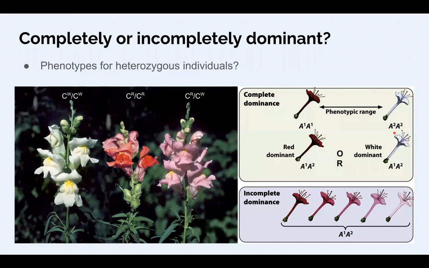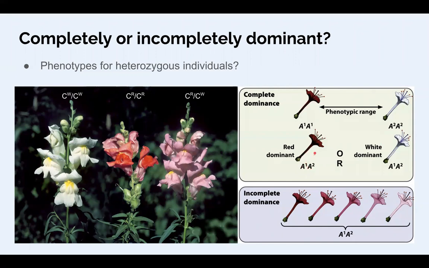So in complete dominance, let's say that red is the dominant phenotype in this case. Then a homozygous individual for the A1 allele is going to be fully red, and a homozygous individual for the other allele, A2, is going to have white petals. In complete dominance, one of these alleles is fully dominant over the other, so a heterozygous individual looks like one of the homozygous individuals.